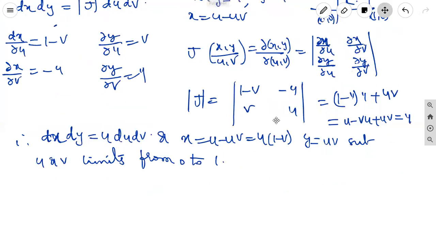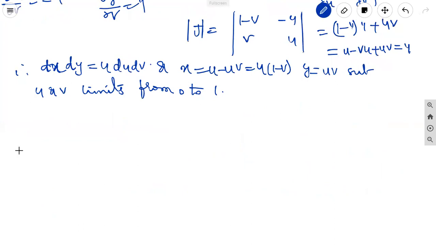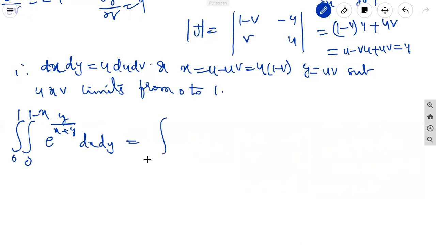These values substitute in the given double integral, that is double integral 0 to 1, 0 to 1 minus x, e power y by x plus y dx dy equal to u and v limits are 0 to 1, 0 to 1, e power y equal to uv, and x plus y equal to u.